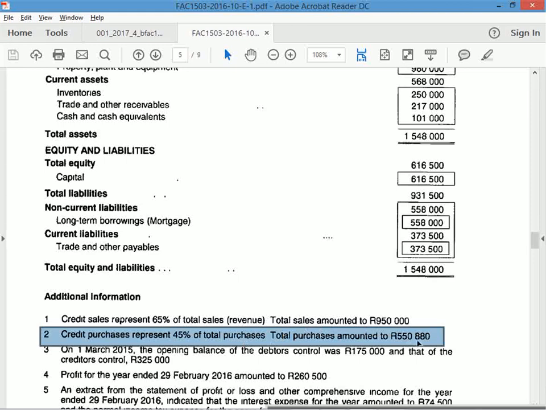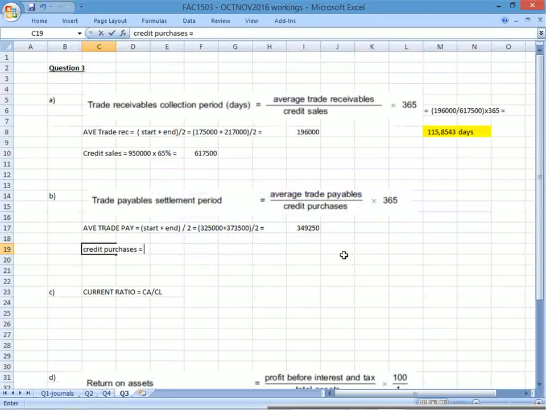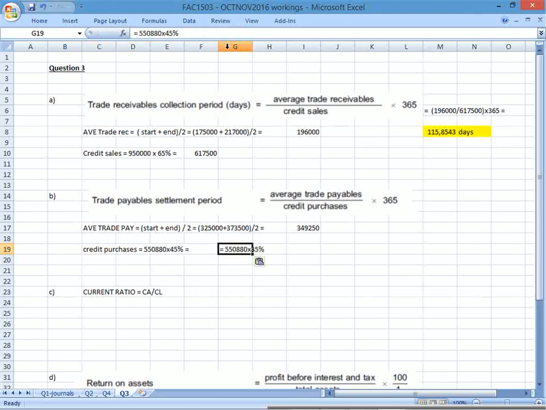So 550,880 times 45% is the credit purchases. Do you agree? Okay, that gives us that amount. Right, all I need to do now is substitute in.